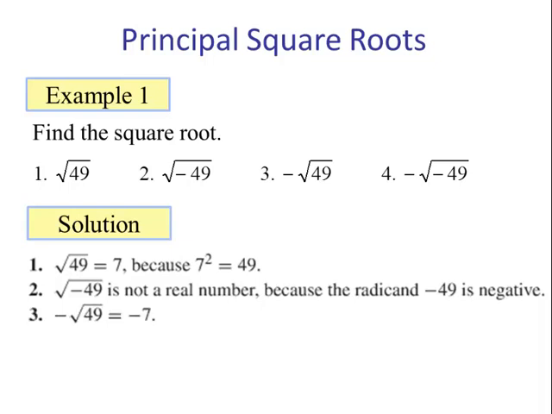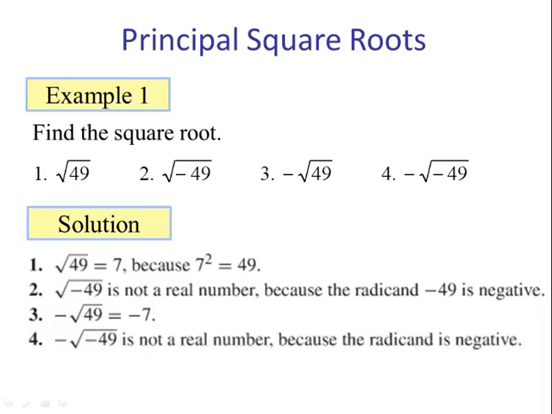Number 3, negative square root of 49 is -7. We can think of this negative being on the outside as a -1, so we compute the square root of 49 and then we multiply that answer by a -1. And number 4, negative square root of -49 is not a real number because the radicand is negative.